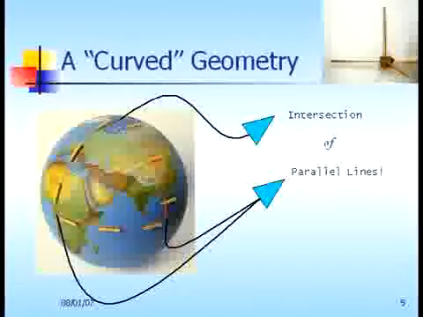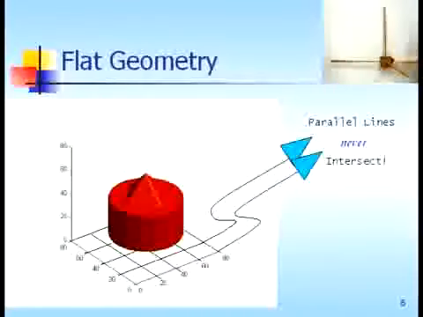The 2 points which originally gave rise to lines which were parallel to each other now join up at the North Pole, which is a common point for both the lines. Whereas in a flat geometry, parallel lines never intersect. It is always planar.